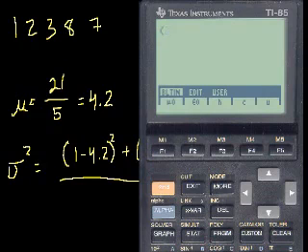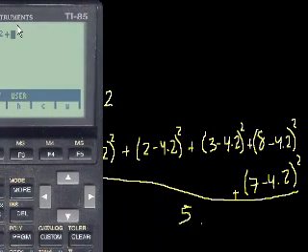So I want to take 1 minus 4.2 squared, plus 2 minus 4.2 squared, plus 3 minus 4.2 squared, plus 8 minus 4.2 squared, right?